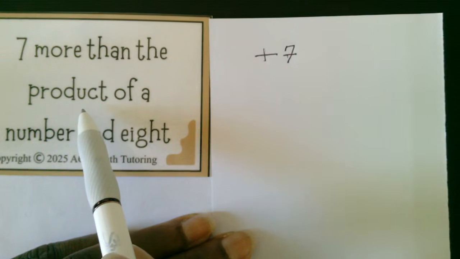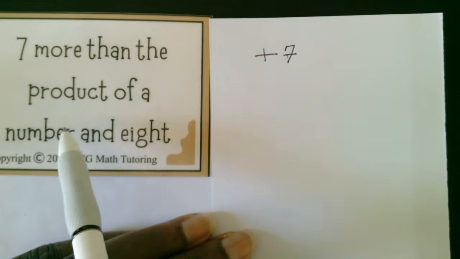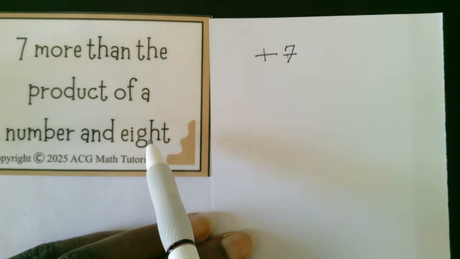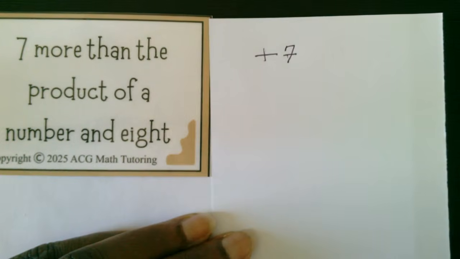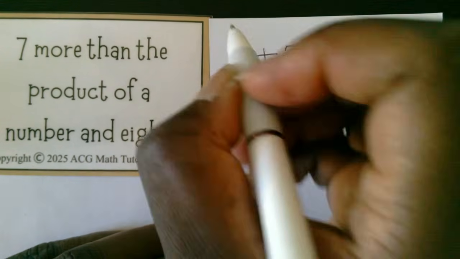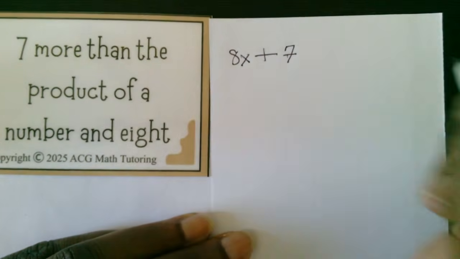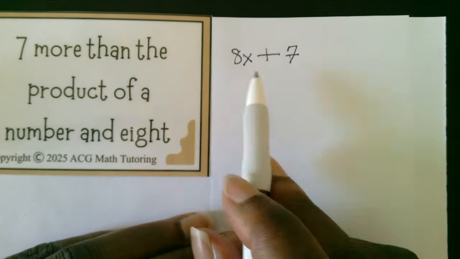But what are those 2 numbers? That's what's happening here. We're multiplying a number and 8. So I'm multiplying a number and 8, which would be like x times 8. Or we can simply write it as 8 times x, as 8x. We're used to seeing it that way.